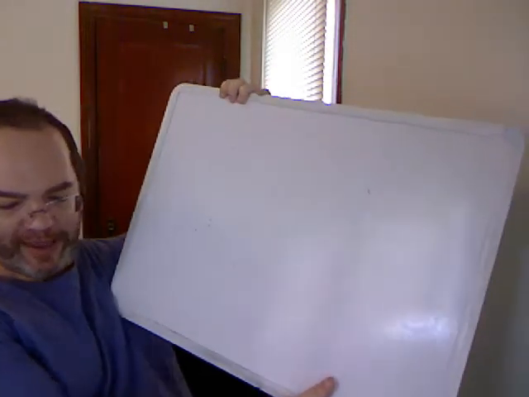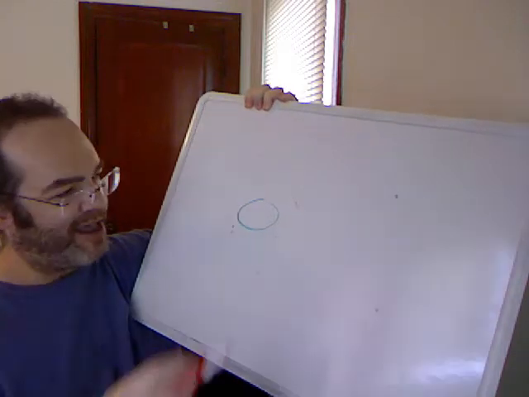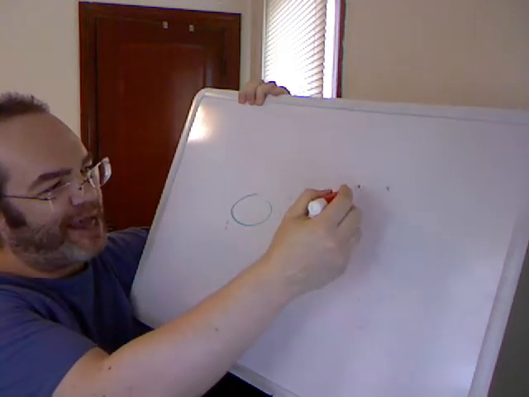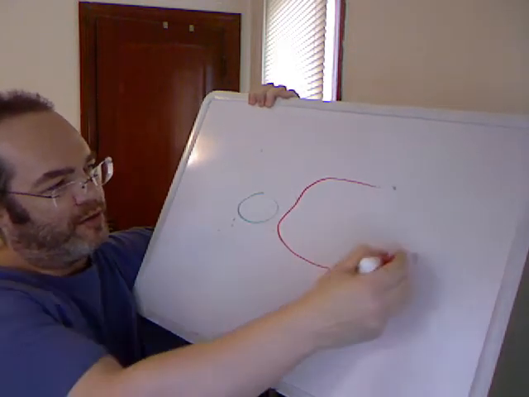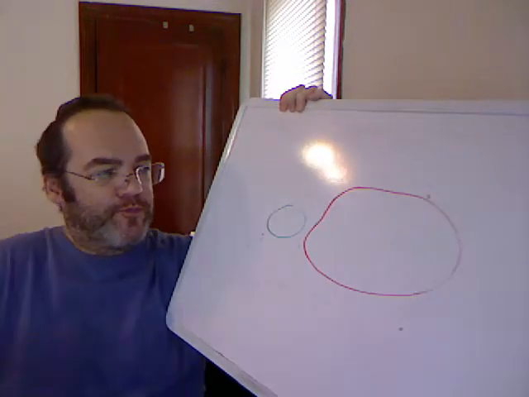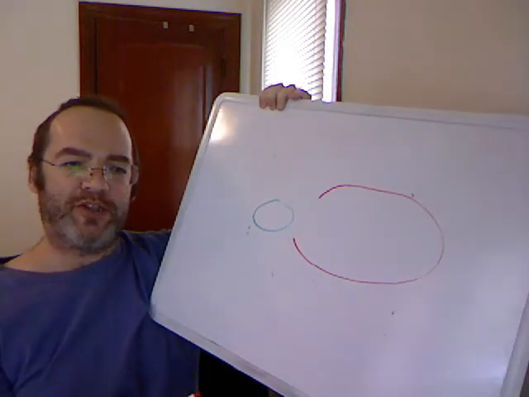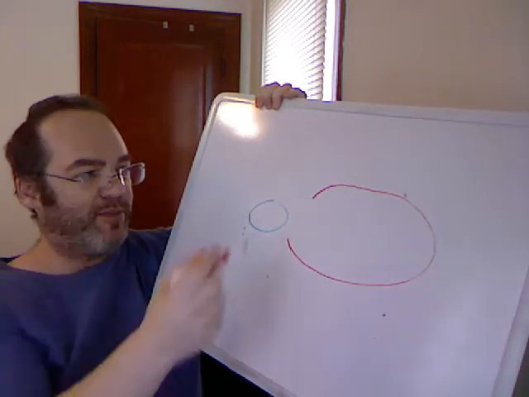So here we have our bacteria. Here we have our, let's say, macrophage arriving, docking, maybe through the opsonization process of C3b.